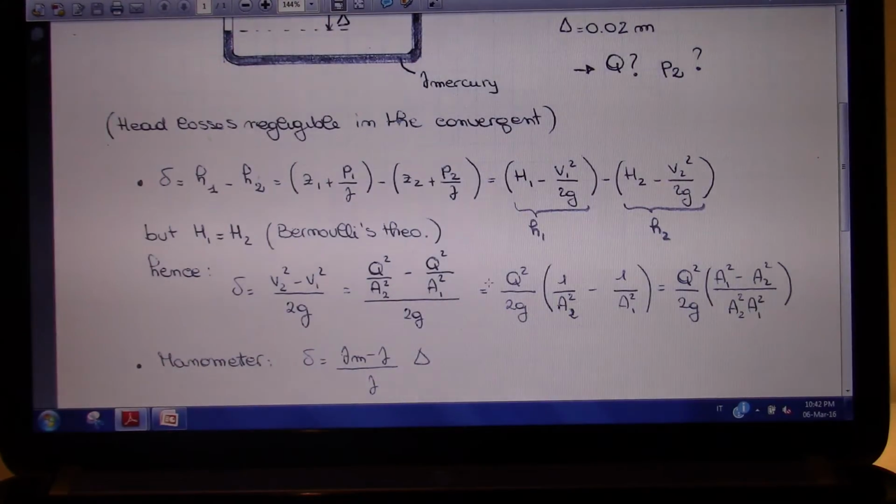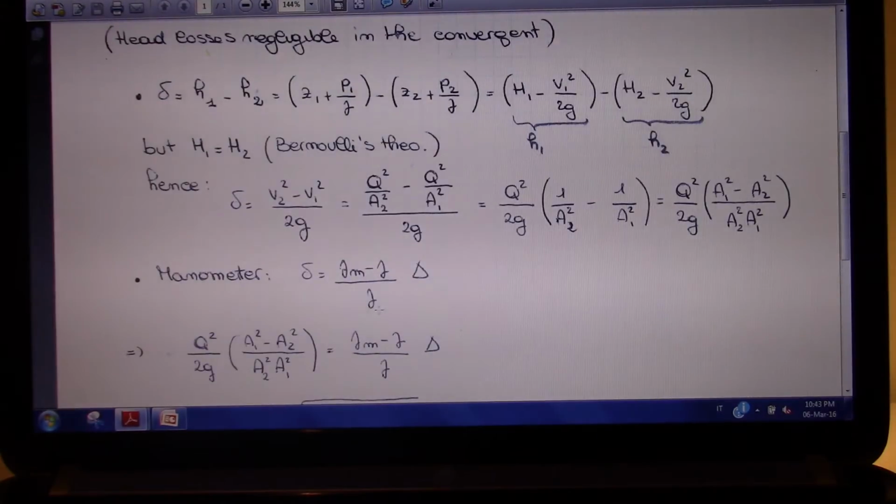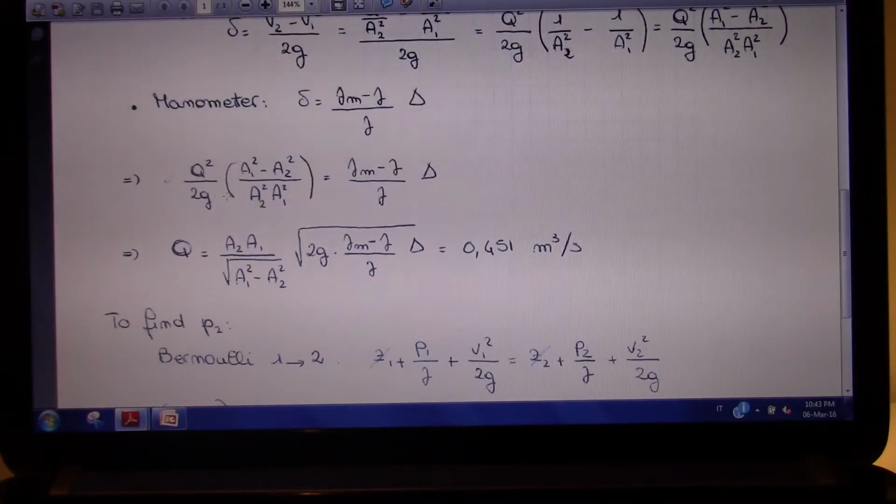So basically right here you have Q to the power of 2 over 2g, and again you collect 1 over A2 to the power of 2 minus 1 over A1 to the power of 2, and you combine this expression, remembering the relationship between capital delta and delta of your differential manometer, and putting this term equal to this one, you again reach this result.